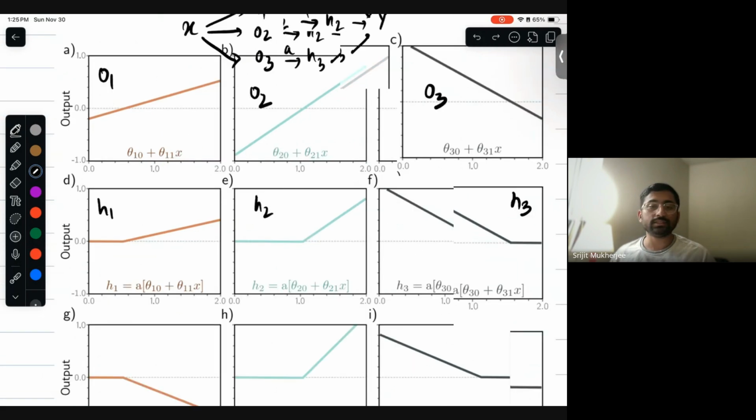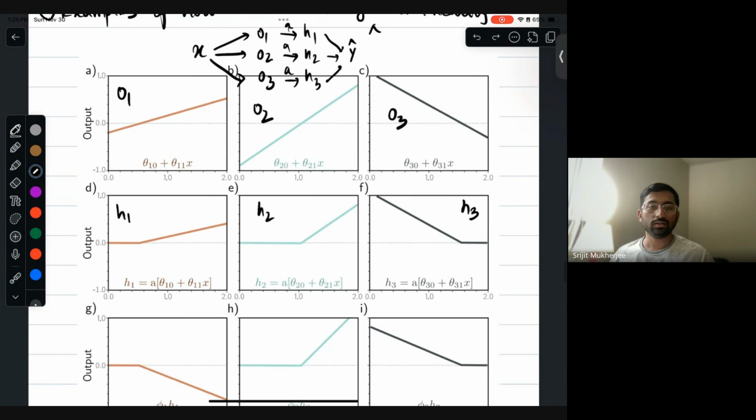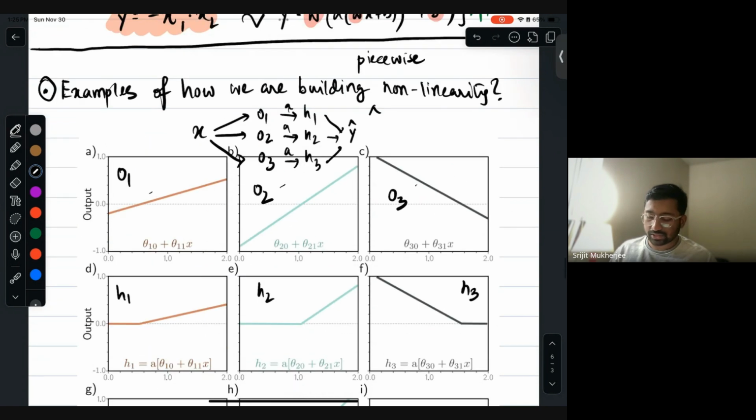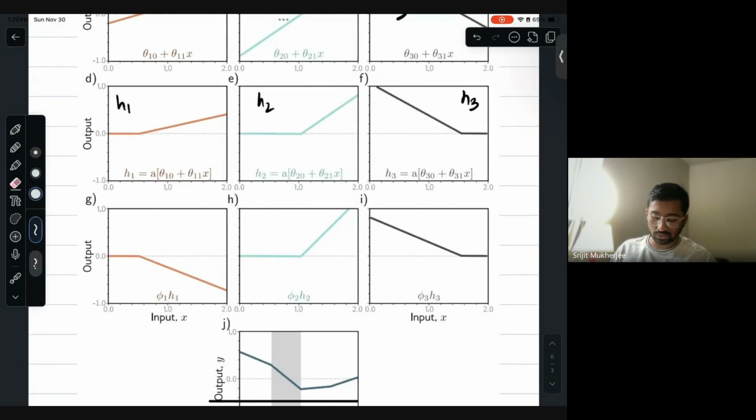Did you understand this, guys? How the activation map is happening here? This is the linear output, and the ReLU is happening here. Now after these 3 hidden neurons, there is another linear layer to get the final output. Let's say you multiply this by -2.